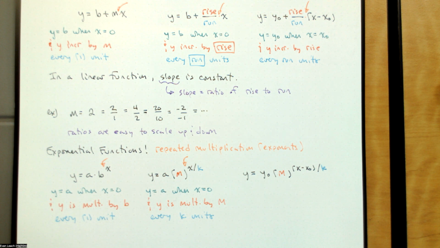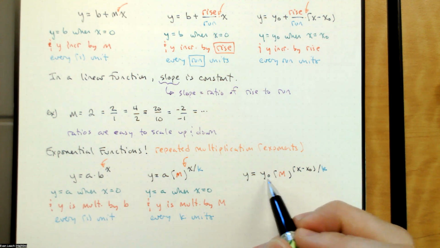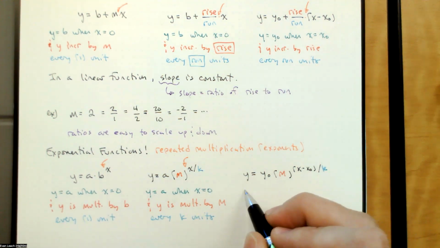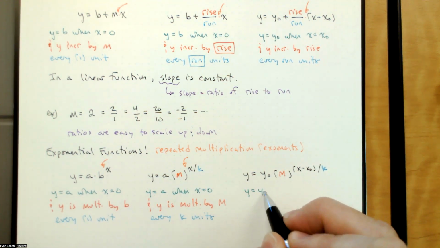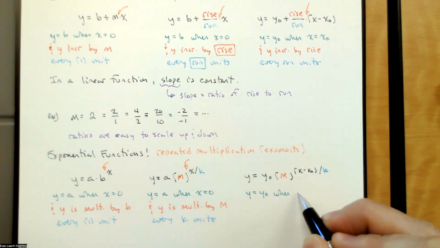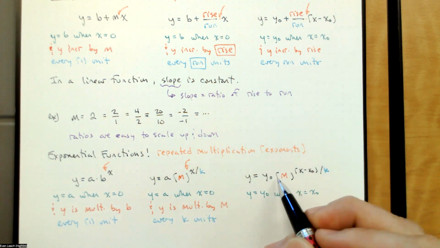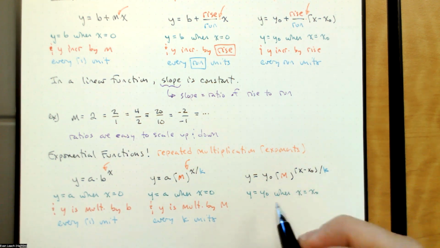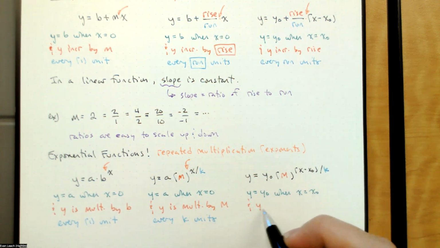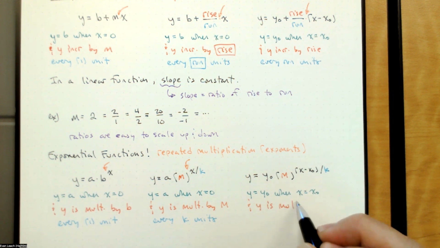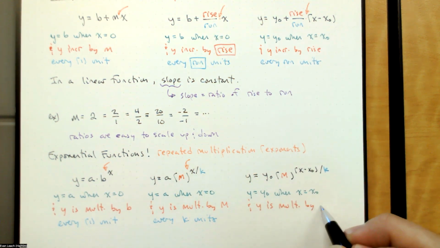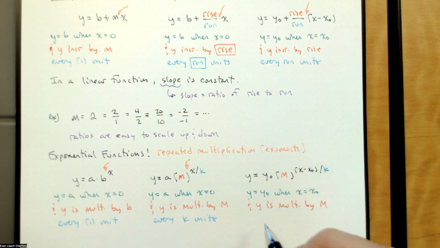So the description here, this equation is trying to communicate to you that y is equal to y naught when x is equal to x naught. And y is multiplied by m, that's right here, times m, every k units.